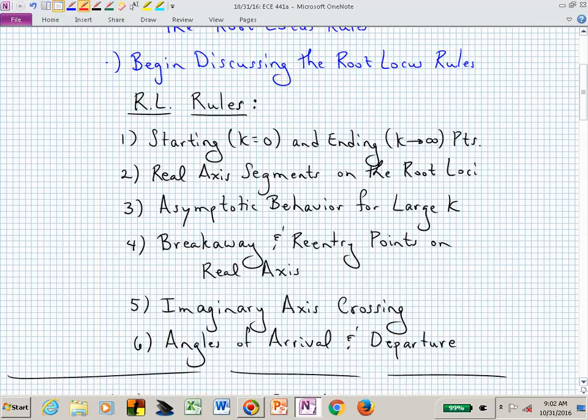Sometimes you apply them, sometimes you don't, but in sketching these root loci, you might want to have this list of rules on the side, and you can refer back to those as a guide as to what you want to do when. But traditionally, the first 2 are going to happen. Those you will do, and then what you do beyond that depends on the collection of poles and zeros that you have in your problem.